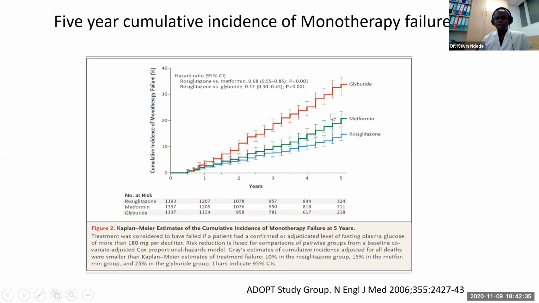So if you look at the graphs, you can see generally that over time, there are quite a number of patients in each of the treatment arms that failed the therapy. The highest was with glyburide, followed by metformin, and rosiglitazone tended to do the best.